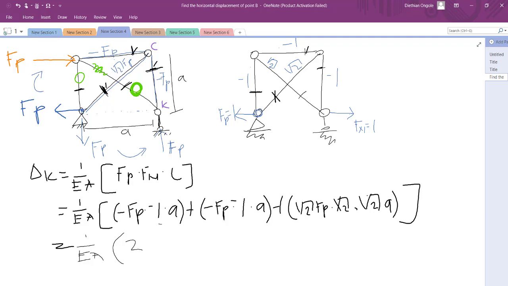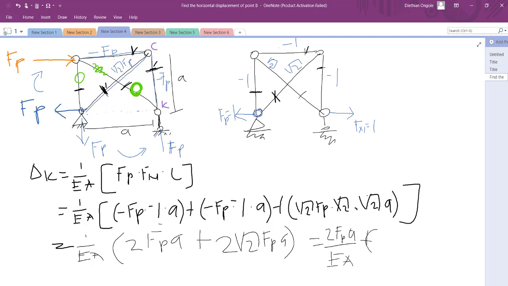This plus this gives us 2 Fp A, then plus 2 root 2 Fp A, which can also be written more simply as 2 Fp A over EA, times 1 plus root 2, and that is our displacement at point K.